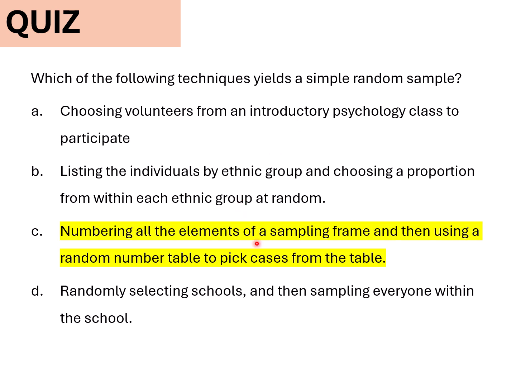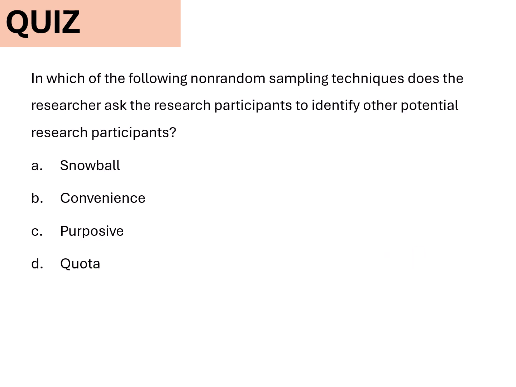The correct answer is numbering all the elements of a sampling frame and then using a random number table to pick cases from the table. In which of the following non-random sampling techniques does the researcher ask the research participant to identify other potential research participants? Snowball, convenience, purposive, or quota? It's snowball sampling.